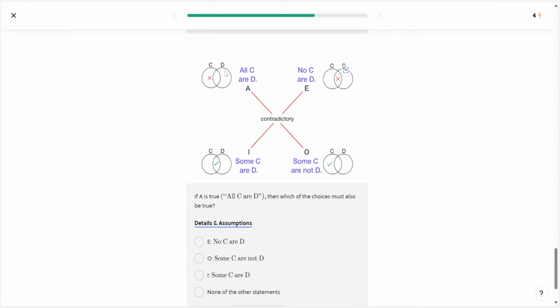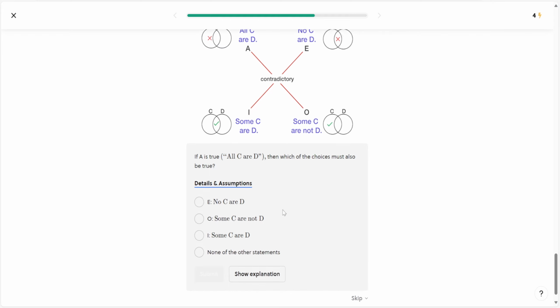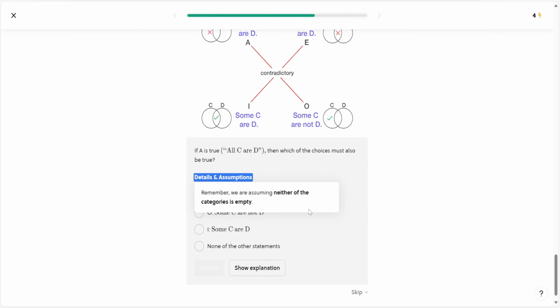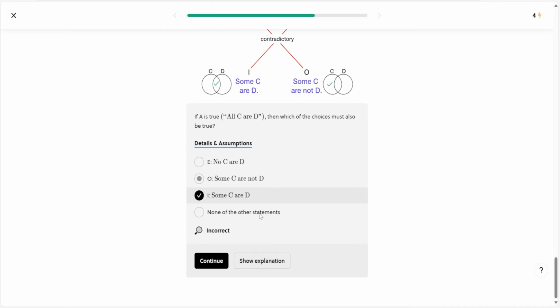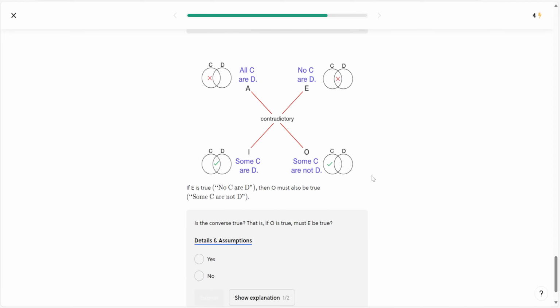So this is the one where the two check marks are going to be the same. Some CRD. Incorrect. Oh, I clicked the wrong thing. That was the one I meant to click, some CRD. So I wasn't incorrect, I just clicked the wrong thing. Whoops.